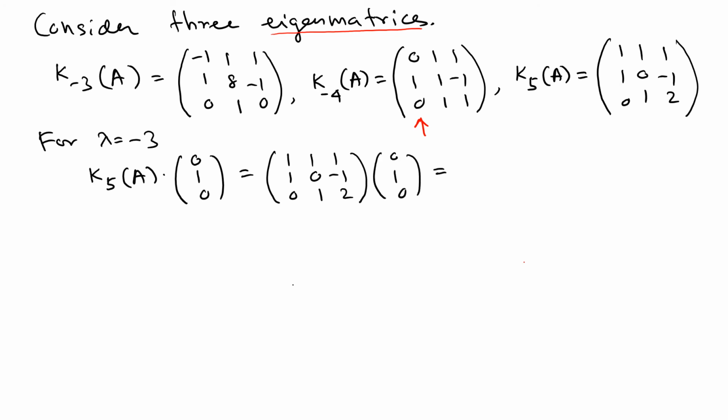What that means is, since you only have 1 in the middle, you only pick the entries in the second column. So you pick this column. That's a kind of shortcut. So you're going to get 1, 0, 1. And you can see that this is not equal to 0. That means that's the eigenvector. So the eigenvector for negative 3 is 1, 0, 1.